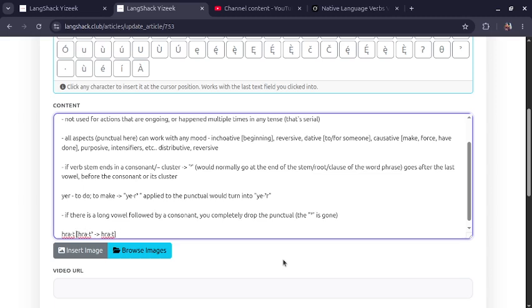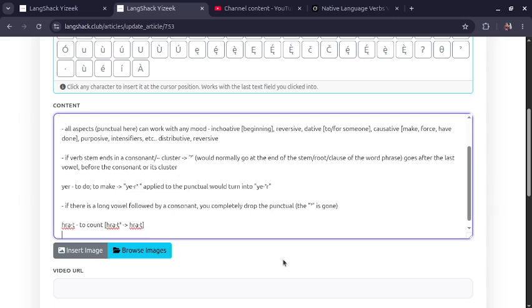So if you're using the punctual hrot, then you don't have to do that. Say hrot to count. The example that we were given in the grammar was reek, which means to bite. So this would mean that reek with a glottal stop would then become reek without a glottal stop, essentially.